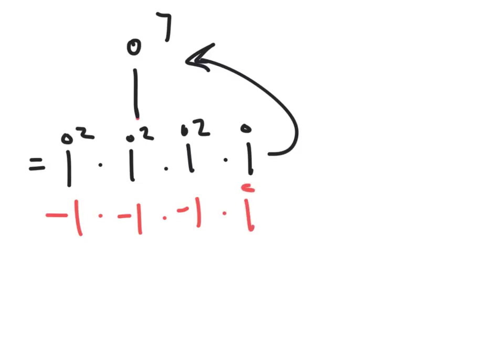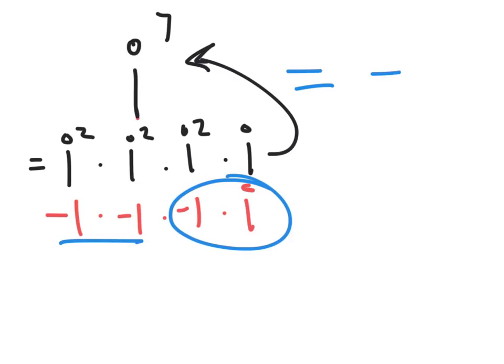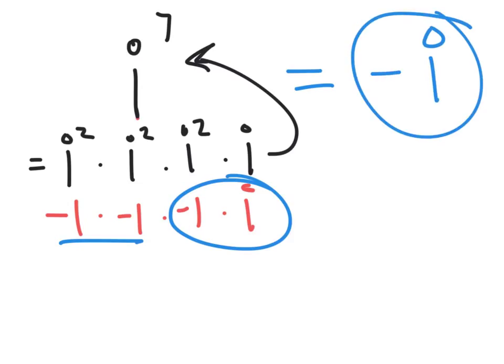So it's really easy to find your answer here using the i squares. And the i squares will end up giving you -1 times -1 is +1. So you really just have a -1 times i. So i to the 7th is really just -i. Pretty cool, huh? I know, you love it. Anyways, let's move on to something cooler.